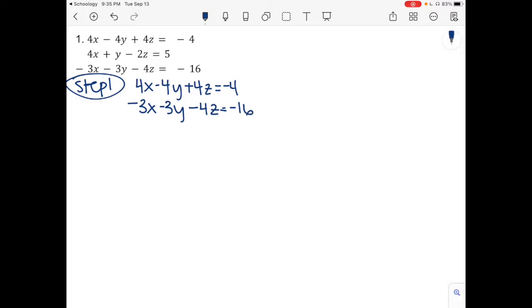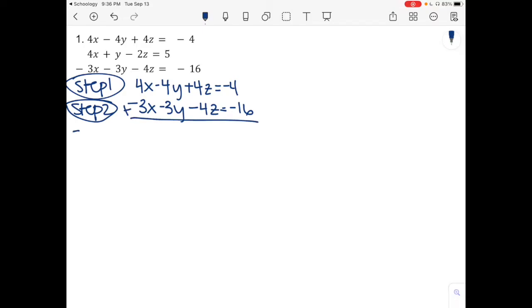So then the next step is step 2, eliminate the same variable from each pair using the elimination method by multiplying one or both equations. And I don't have to do that here because it's already happening. So step 2 is kind of skipped here because they already cancel each other out. So step 3, add the two equations, which leaves you with a new equation with only two variables.